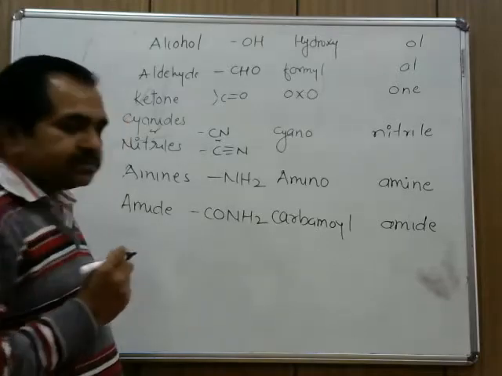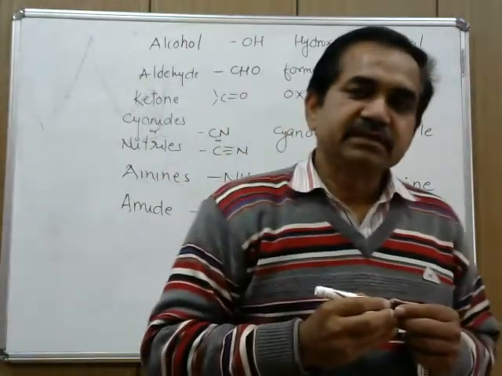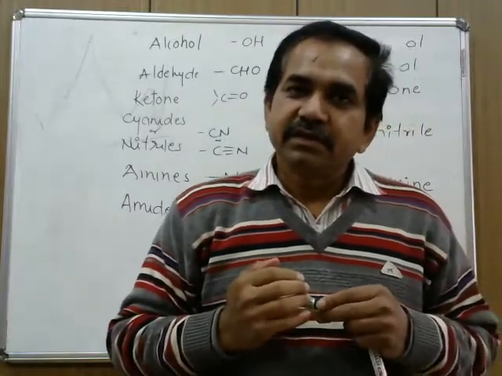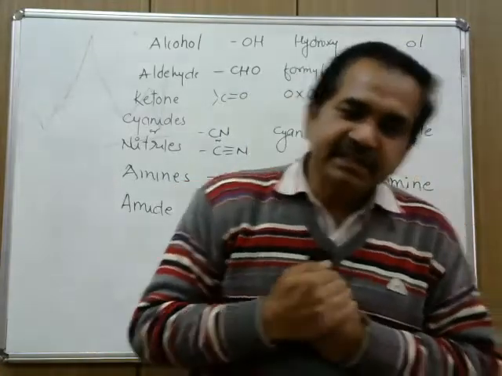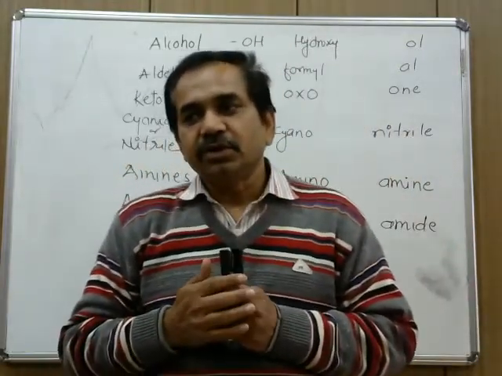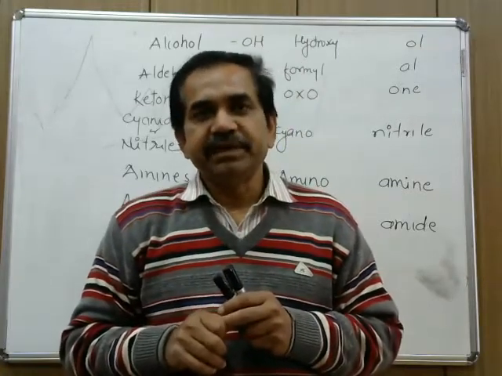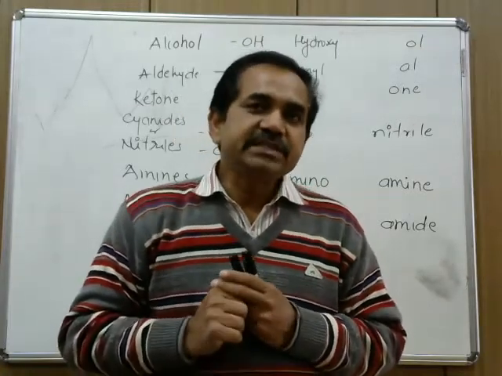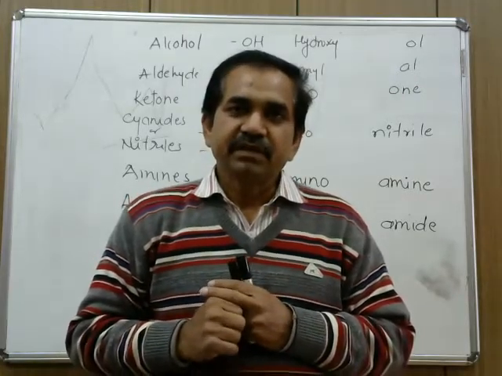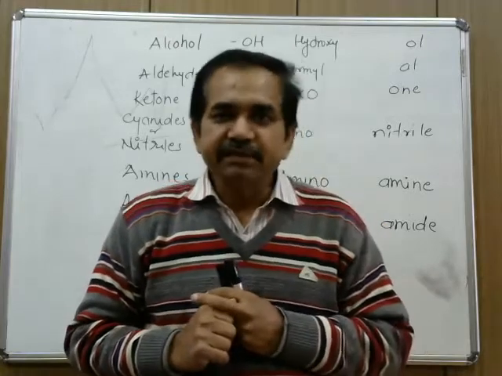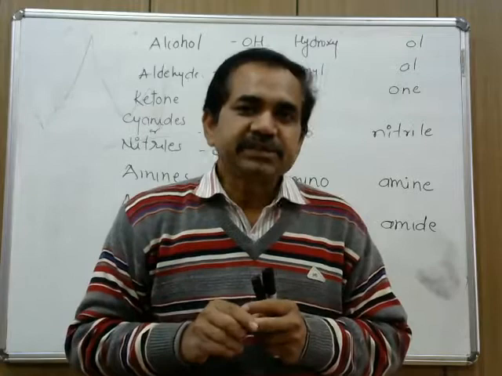And as I told you, there are certain groups which, when present in the compound, although they behave as a functional group, are always treated as substituents. For the purpose of IUPAC naming, they are not treated as functional groups.